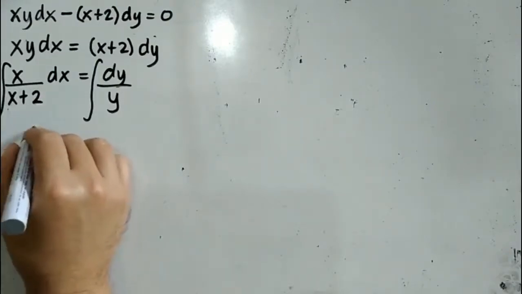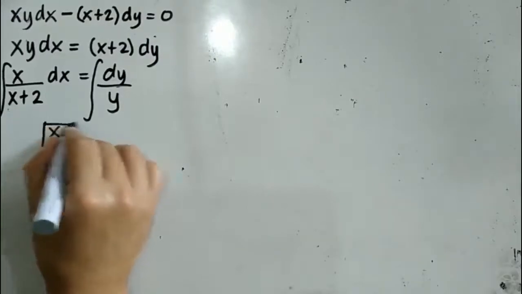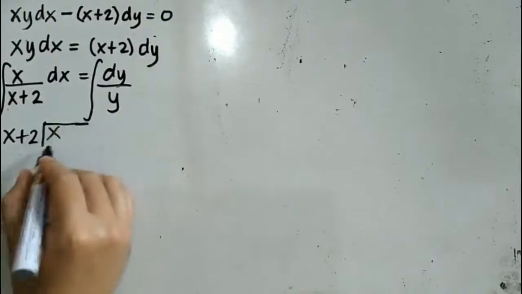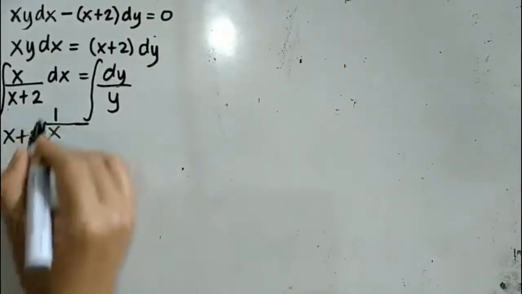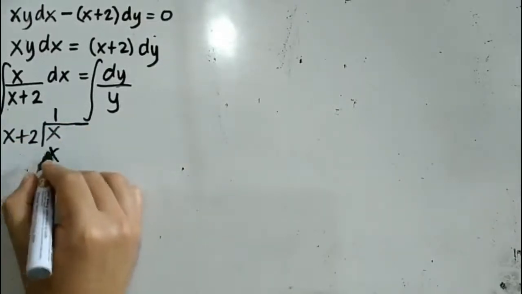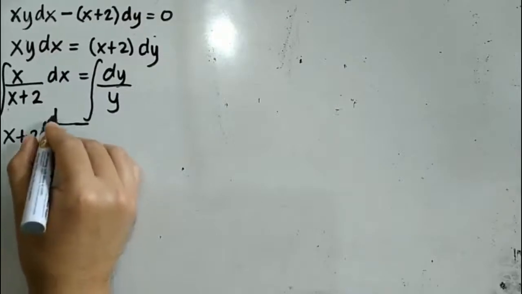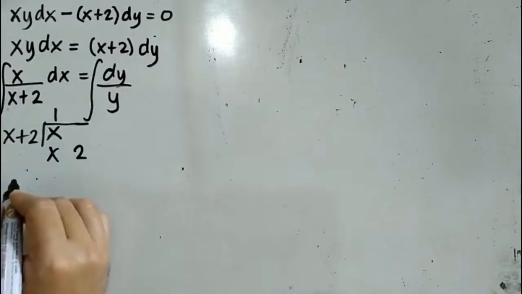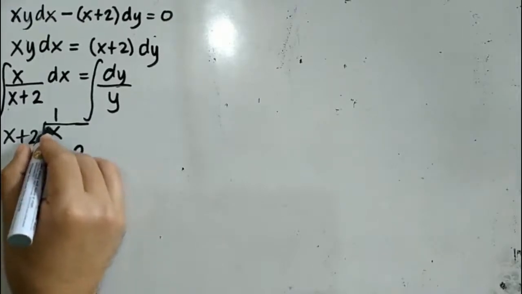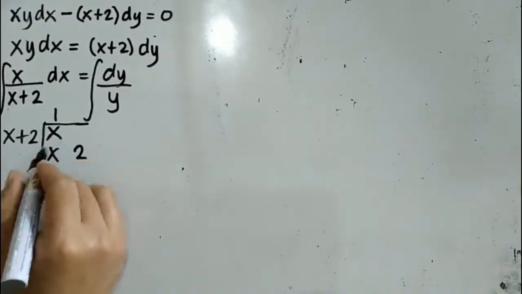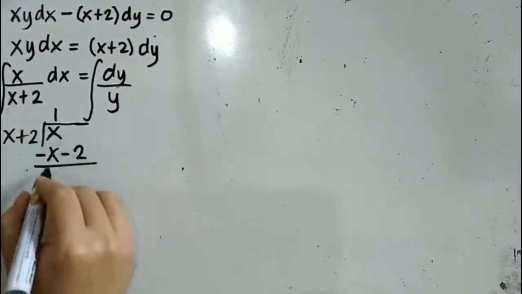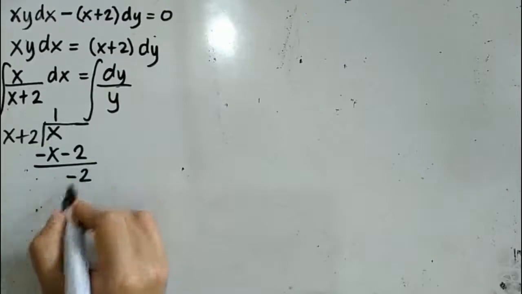So, x divided by x plus 2. x divided by x is 1. 1 times x is x, and 1 times 2 is 2, positive 2. But then we change signs, as in subtraction, as in division. So this becomes 0, this becomes negative 2.